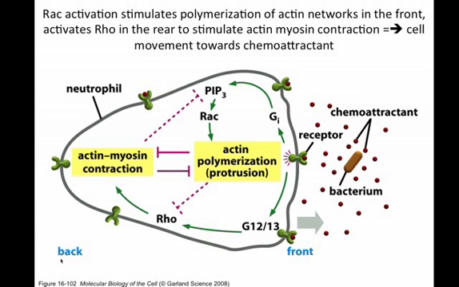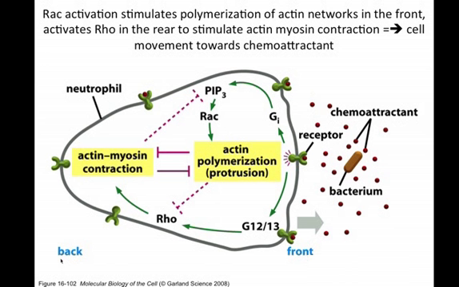But then it's also going to result in activation of, okay. And so then you're also going to get activation of Rho, but that's going to be in the rear. And so you're going to end up with the stress fiber formation and myosin activation and contraction in the rear of the cell.